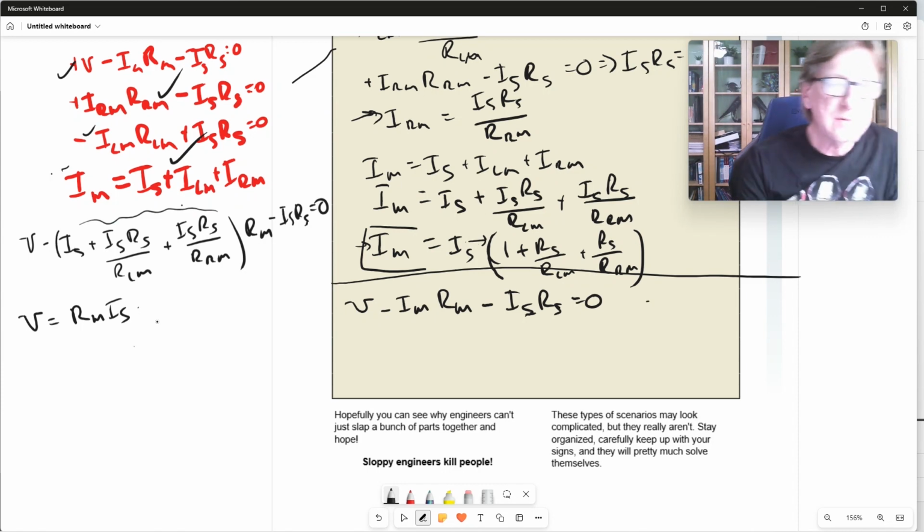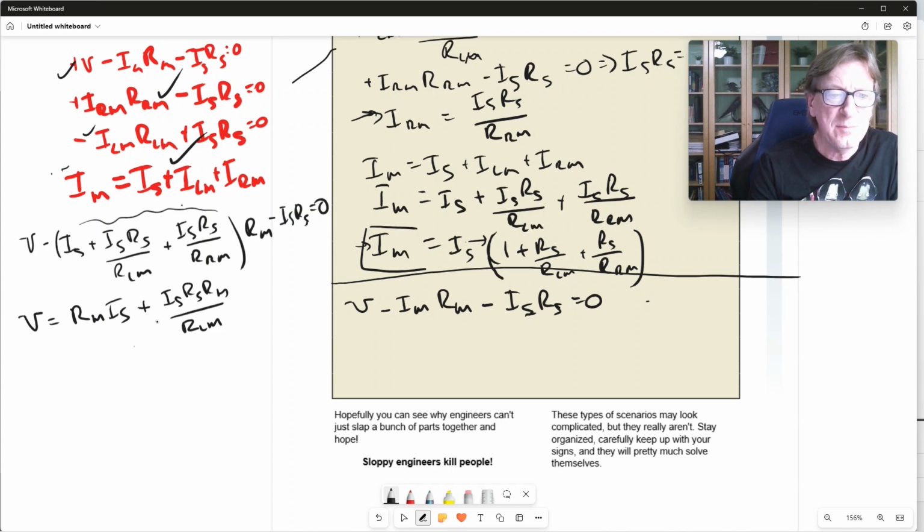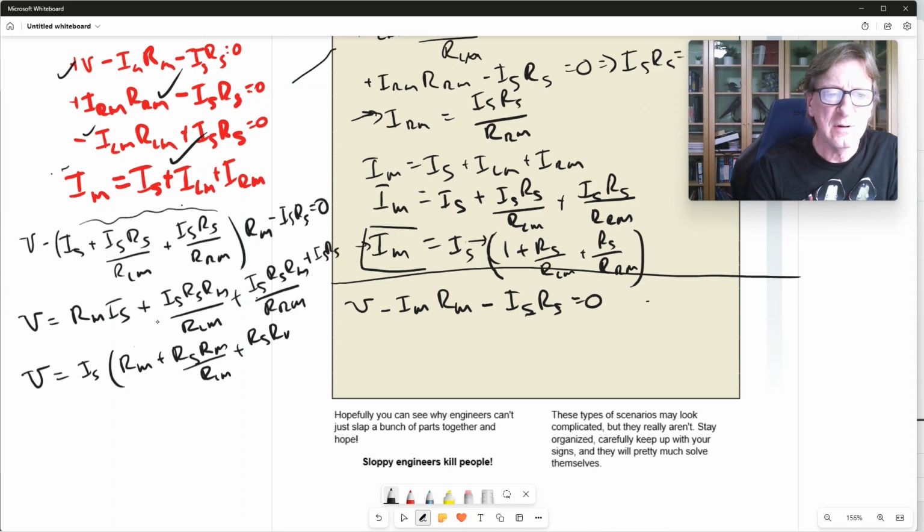And so then I'll have plus IS RS RM over RLM plus IS RS RM over RRM, plus IS RS. I'm going to factor an IS out of all of that, and I get V is IS times RM plus RS RM over RLM plus RS RM over RRM plus RS.